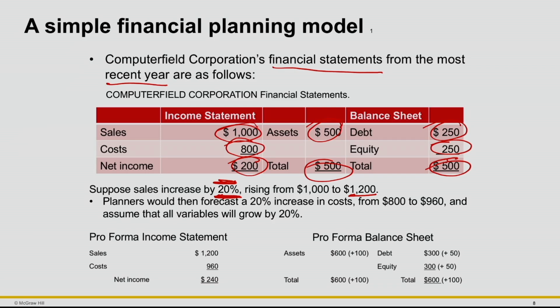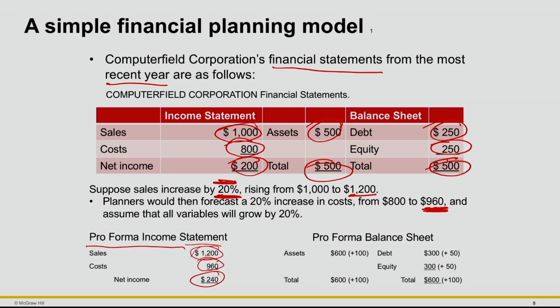So costs were 80% of sales, and we're going to assume that in the next year, they're also going to be 80% of sales. So 80% of $1,200 is $960,000. So now we can construct our pro forma income statement, and we've got sales of 1.2 million, and we have costs of 960,000 for a net income of 240,000.